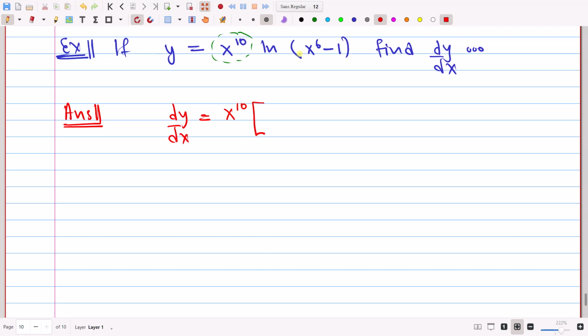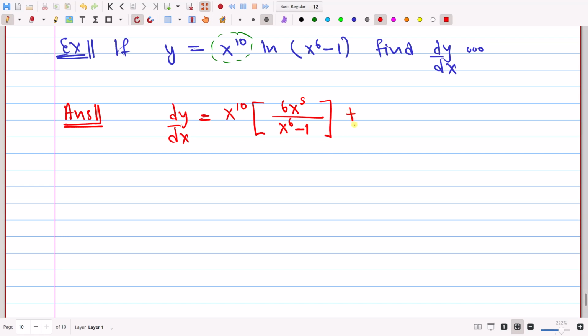Then the next thing you do is take the function that is next to that one and differentiate it. So now we differentiate the natural log of that. By differentiating, I differentiate first the argument, which gives me 6x^5. Then I divide by the argument like that.